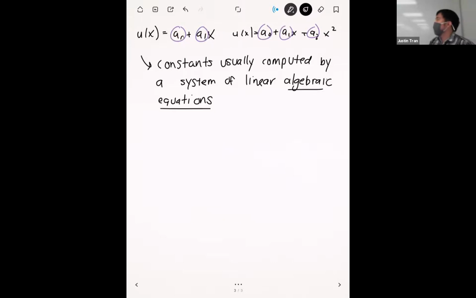And the thing about algebra, if you think back to how algebra works, in order to solve for a certain number of constants, that tells you that you need to have the same number of equations. Okay.